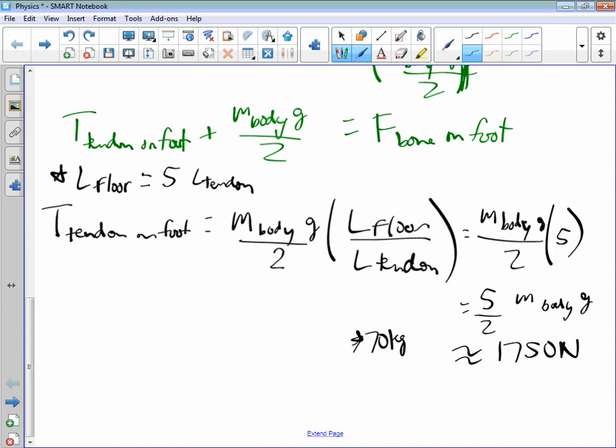That's a lot. So it's 5 halves your body weight. It is 2.5 times your body weight is what that tendon is pulling at the time, which is quite a bit.